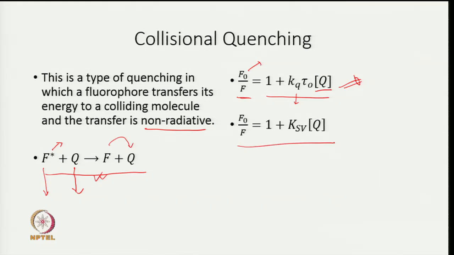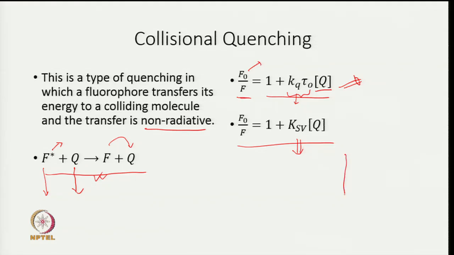F naught by F can also be written as 1 plus K sv into the concentration of Q, where Q is a quencher. K sv is equal to k q into tau naught and it is known as the Stern-Volmer constant.